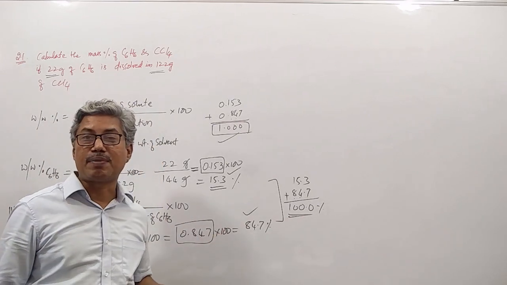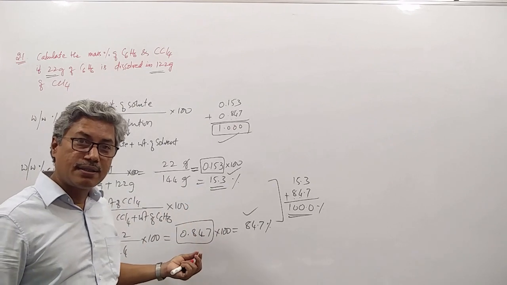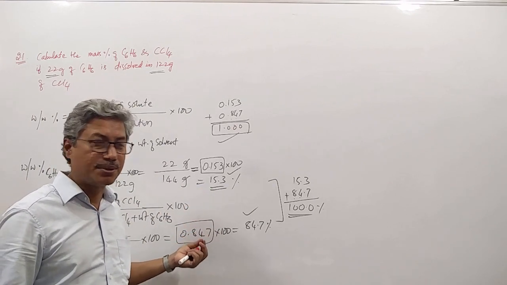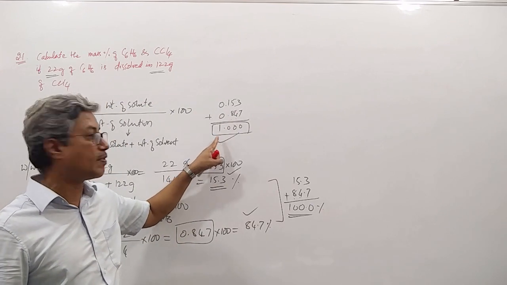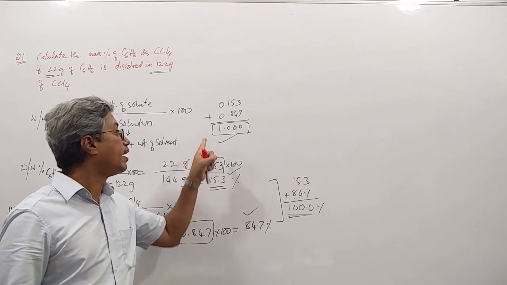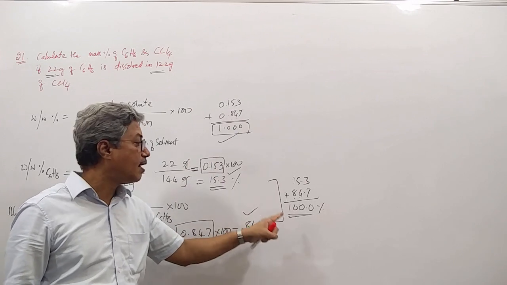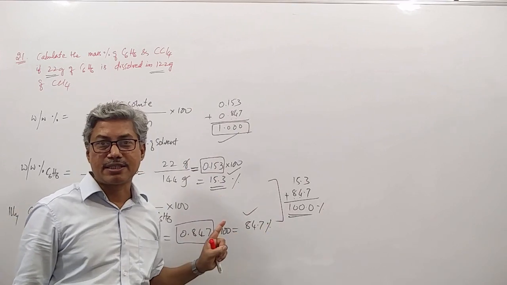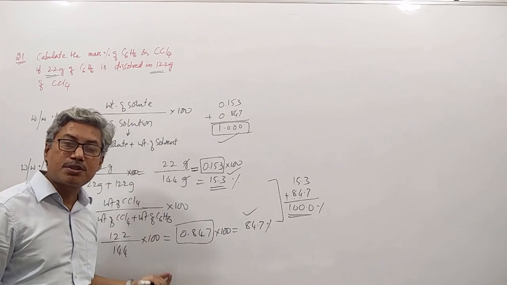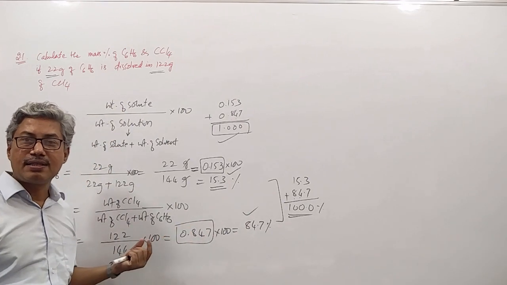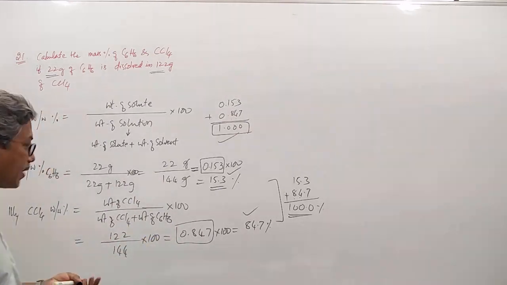If it is not in terms of percentage, just in terms of mass ratio, then the sum of the mass ratios of all the components will be equal to 1. It will be 1 if it is just in terms of ratio, and it will be 100 if it is in terms of percentage. Clear, students? So sum of the ratios of mass is 1 and sum of the mass percentages is 100. Clear? Okay, let's go for next problem.